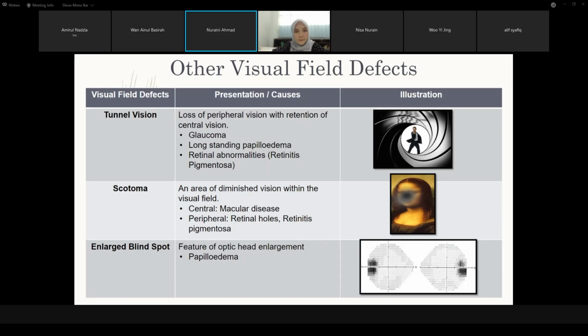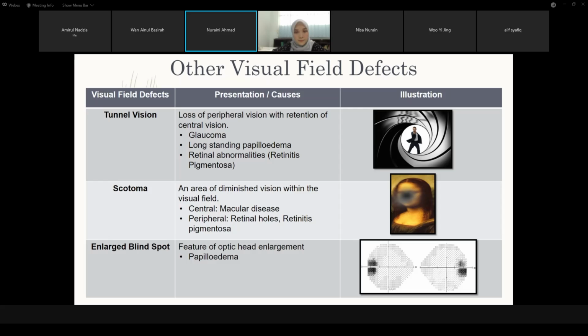And then scotoma. Scotoma ni an area of diminished vision within the visual field. Kita ada central scotoma, ada peripheral scotoma. Kalau central scotoma ni kita diminish kat bahagian central lah, which is retinal macular disease. Kalau peripheral scotoma, retinal holes, retinitis pigmentosa. And then lastly enlarged blind spot.